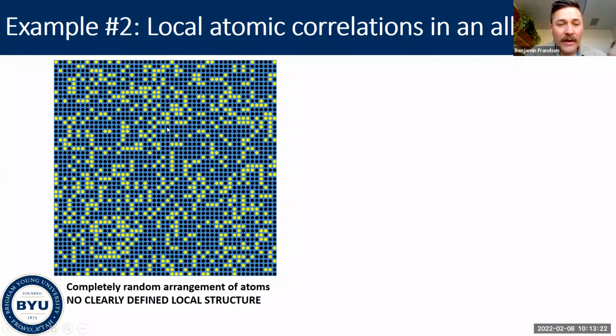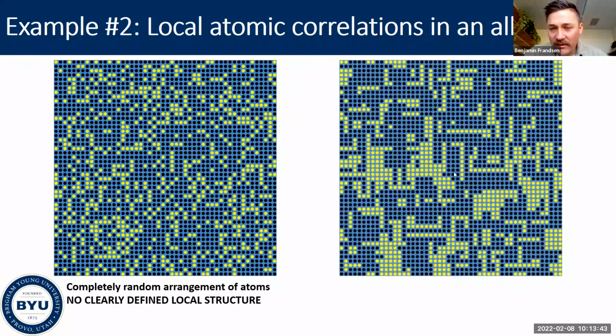It's completely random occupancy, so there's no clearly defined local structure. If you want to collapse this whole thing down to a single atom, then you have an atom that's 50% black, 50% yellow. That's the average structure, and there's no particular difference in the local structure from that, okay?